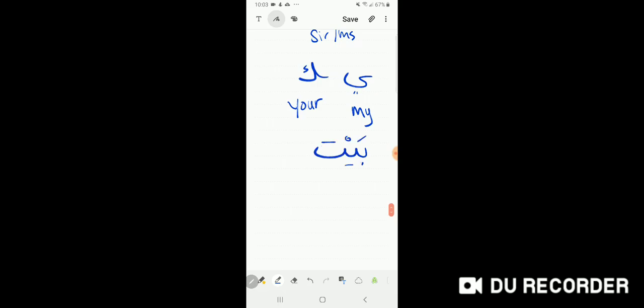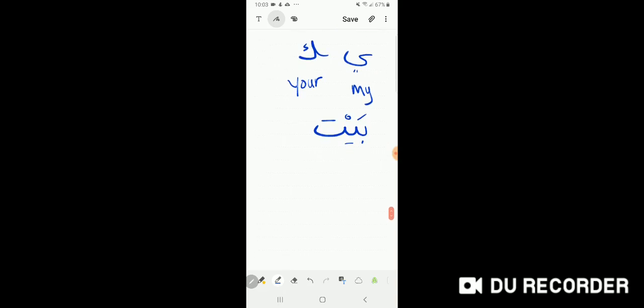Here's the word bait. If I want to make it my house, we add a ya to the end. Bayti. Right here, it's mine. If I want to say your house, I take the word bait and I add a kaf to the end.